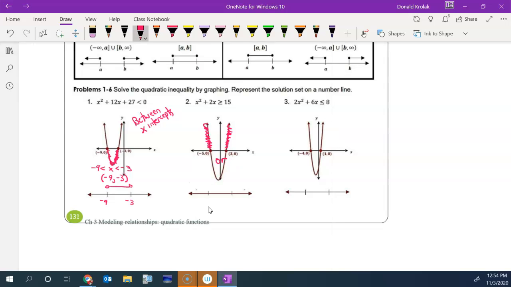So this would be x is greater than or equal to 3. This one would be x is less than or equal to -5. All right, how would you write those as intervals? Marcos, how would I write this as an interval? X is greater than or equal to 3.